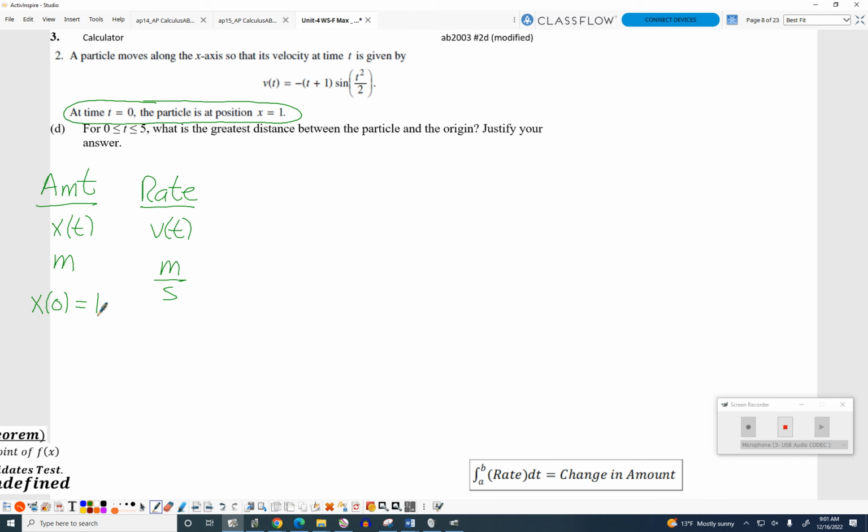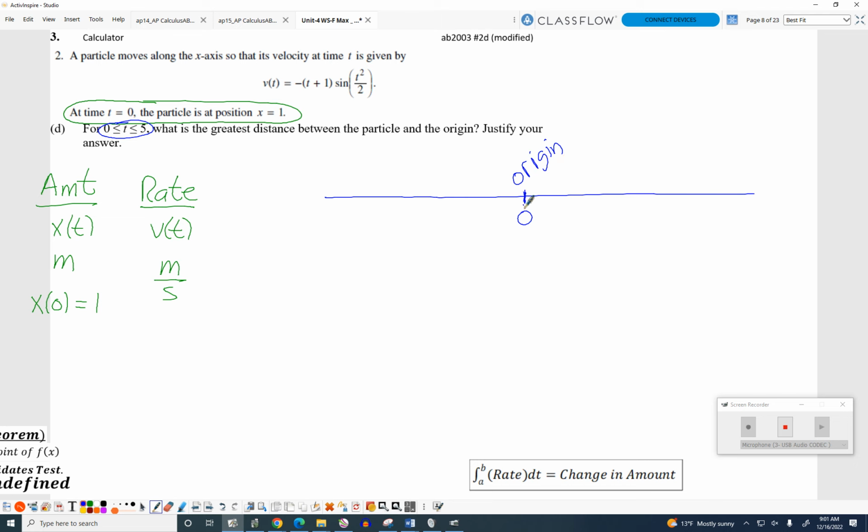Okay, they say for this time period, what is the greatest distance between the particle and the origin? So this is what they're talking about. Particle is moving along a horizontal path. They designate the center spot as the origin of the path. It's not where the particle begins.